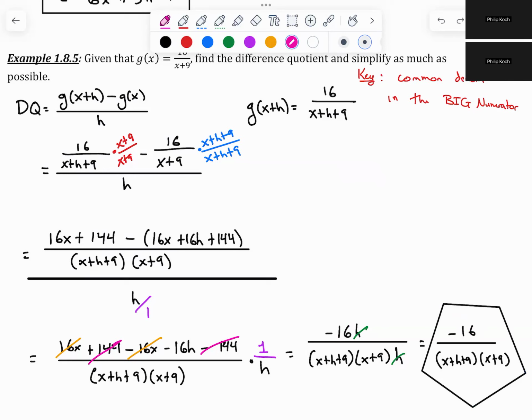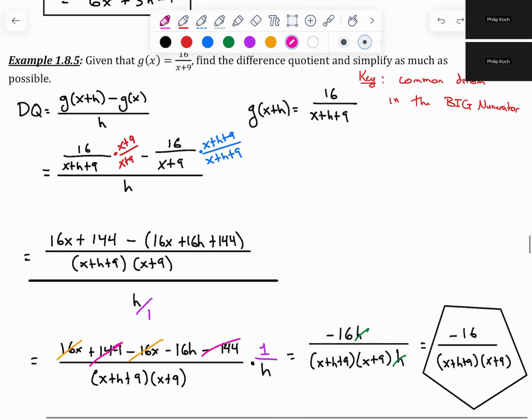So the x plus h in the very beginning. Remember, you put the h, how come it goes only to the bottom where the x plus 9 was? Because we're going to be replacing any instance of x with an x plus h. So there's multiple x, you put x plus h in both. Exactly right. Wherever you see an x, you're going to replace it with an x plus h.